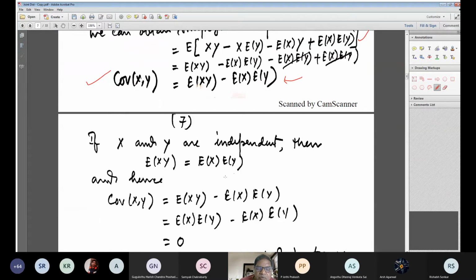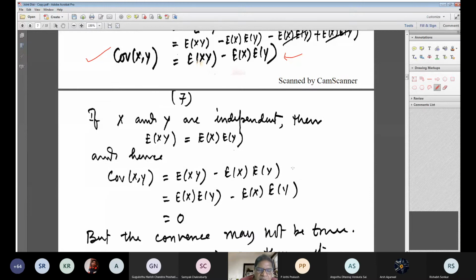Now, from here you see one important result: if x and y are independent. Previously we have just proved that if x and y are independent, then E of xy will be E of x into E of y. If we substitute this here, then we get covariance 0.